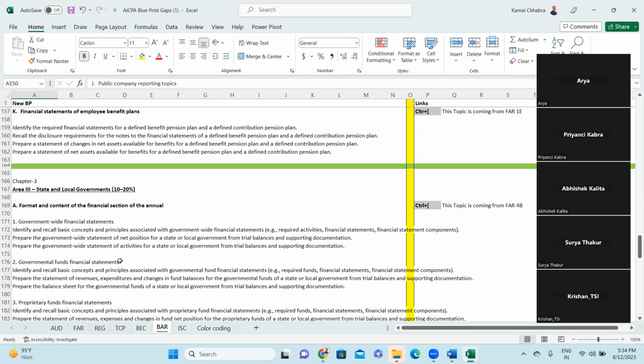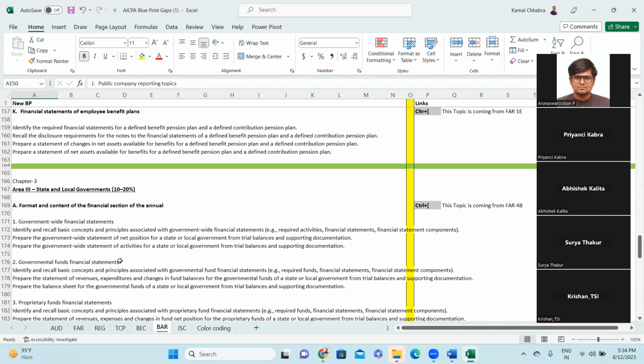And then again, short-term benefits and long-term benefits. Short-term benefit is like the salaries you are getting. Long-term benefits are your pension schemes, leave encashment, gratuity, your defined benefit plans. All those things come under long-term benefits. Make sense?